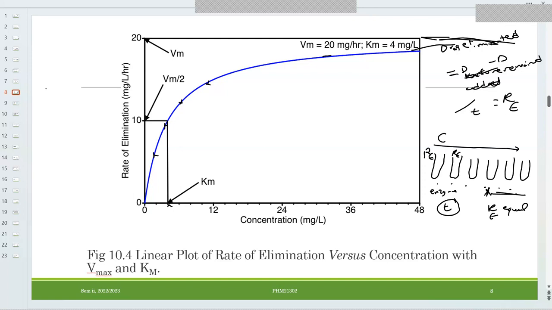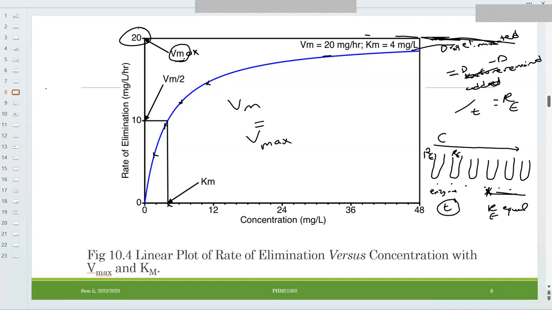Here is the maximum, this highest amount is the maximum rate of elimination. This is what we call Vmax or Vm. You can write it Vmax or Vm. Some references use Vm, some use Vmax. They are the same.